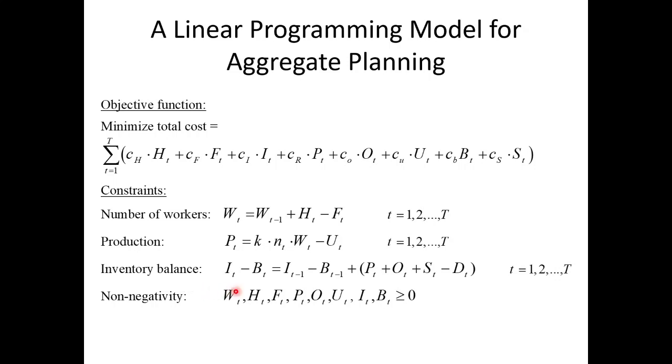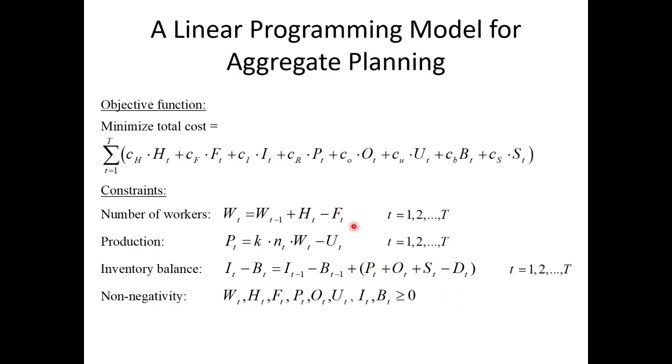In addition to that, we have also non-negativity constraints, which means all decision variables have to be non-negative. Now, this shape is called the mathematical formulation of the optimization model of the aggregate planning problem.